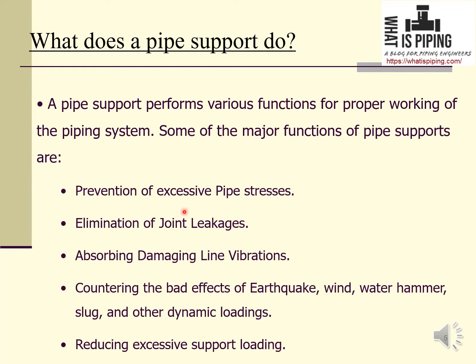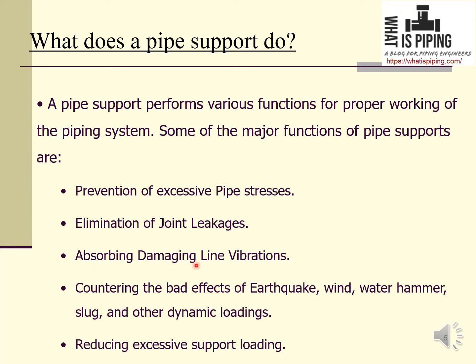Next is elimination of joint leakages. There will be many flanged joints in every piping system. So pipe supports, if properly placed and the proper type of pipe support is selected, can reduce or eliminate the leakages through the piping joints.